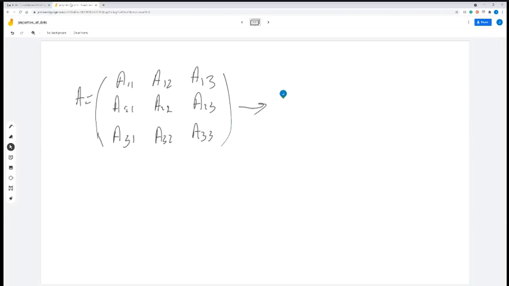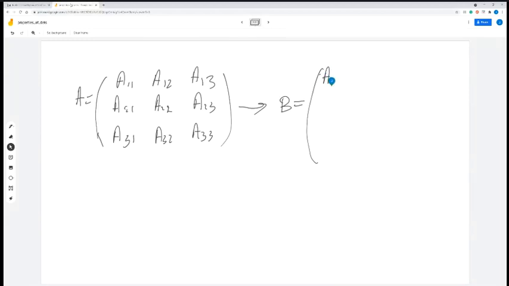We call this transformed matrix B. And what is this matrix B? The two rows in the bottom are the same, but the top row has been changed into the first row plus some number times the second row.